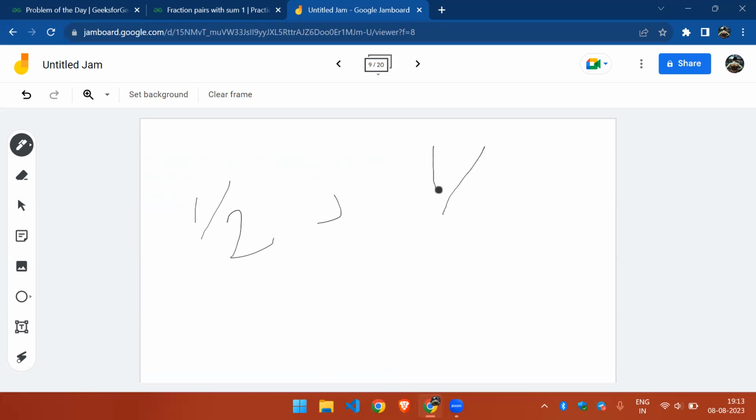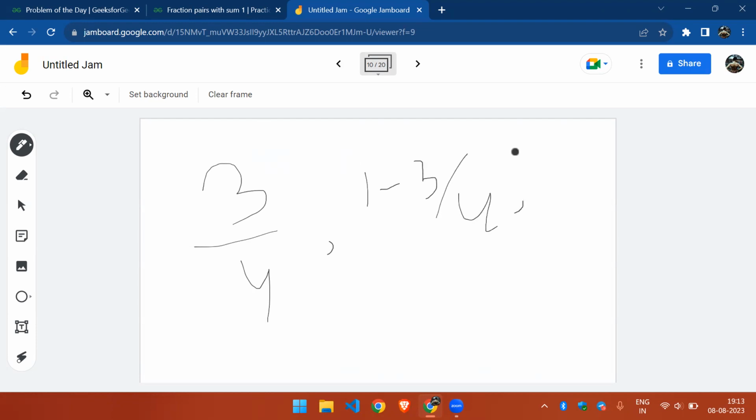The other pair could be 1 minus 1 by 2, so the other pair is 1 by 2. So we check in the map if 1 by 2 exists. For example, if you were given 3 by 4, the other pair would have been 1 minus 3 by 4, that is 1 by 4. So we would look up 1 by 4 in the map. And if it existed, that means both of these can make a sum up to 1, and we increment the count.